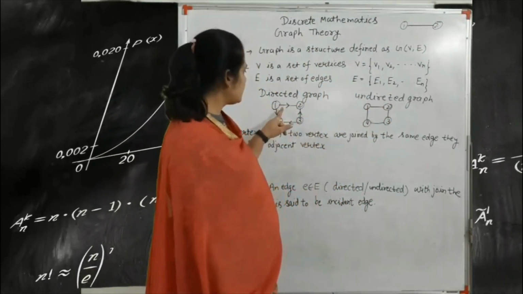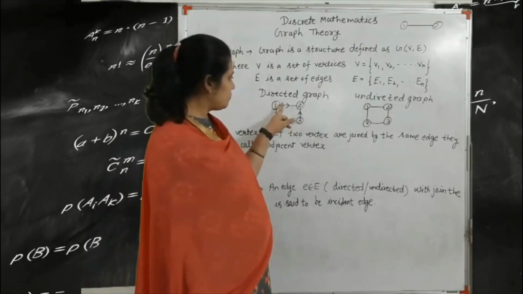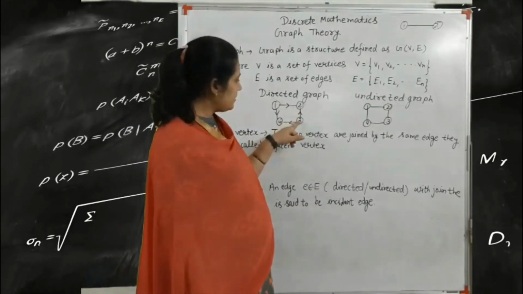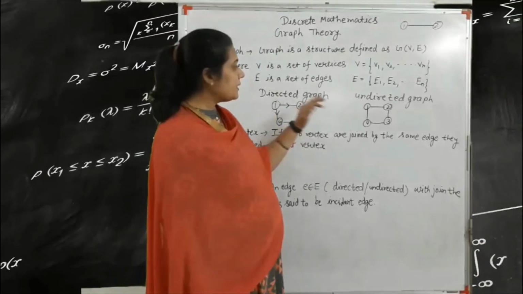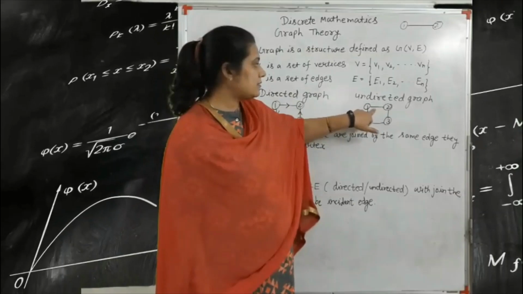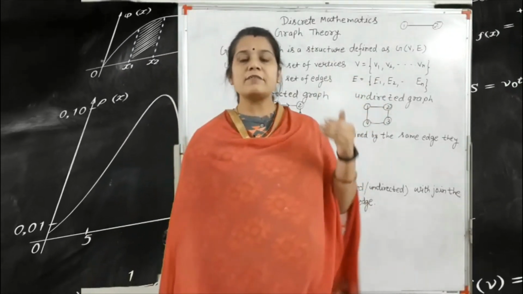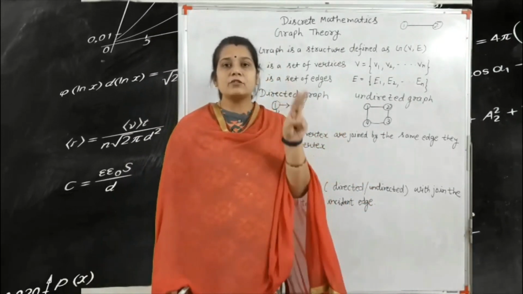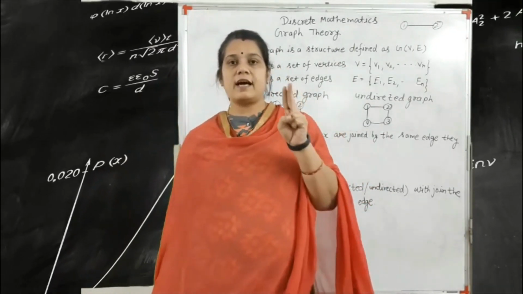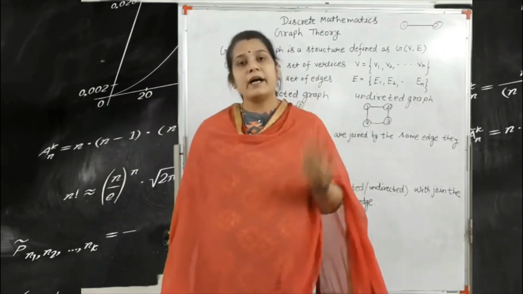That means here the vertices are joined by edges: 1 to 2, 3 to 2, 3 to 4 and 1 to 4. In the undirected graph, 1 to 2 or 2 to 1 are both correct. So in graph theory we have two important types: first the directed graph and second the undirected graph.